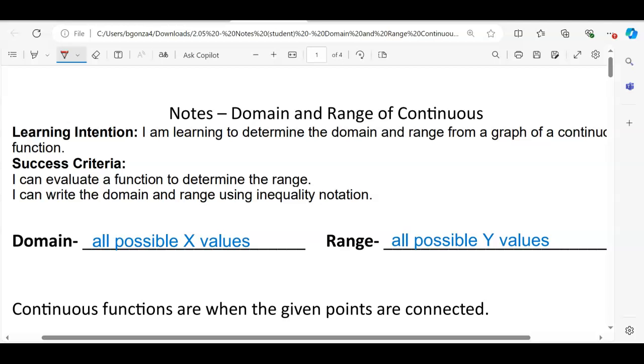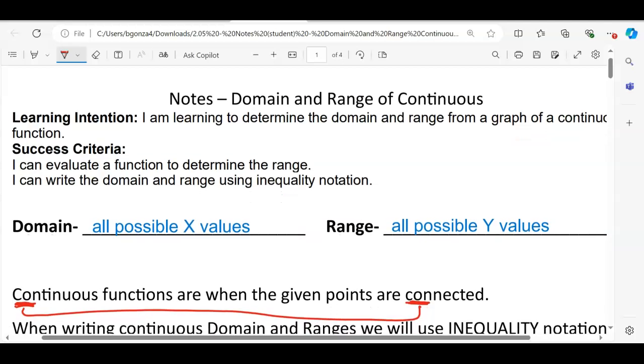X values are domain, y values are range. And I want you to underline the CON. Continuous is when the given points are connected. CON. Continuous, connected. Okay? That's the first stuff we got to know. Domain is X, range is Y, continuous is connected.